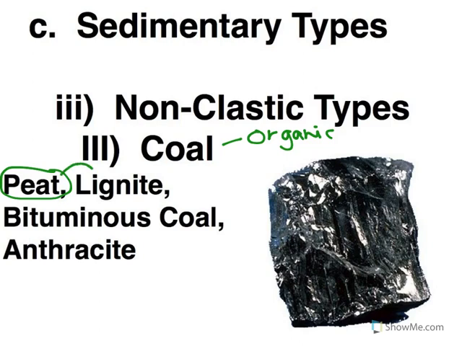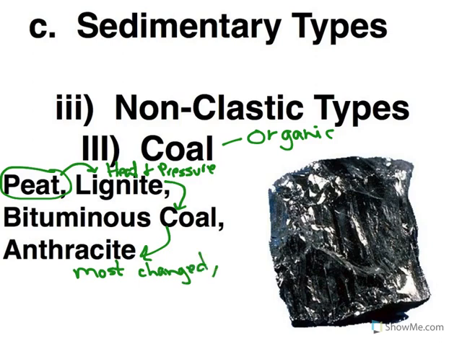If you apply a little heat and pressure, you get lignite. More heat and pressure, you get bituminous coal. And anthracite is the most affected by heat and pressure, and most changed of all of these, and also the most energy efficient.